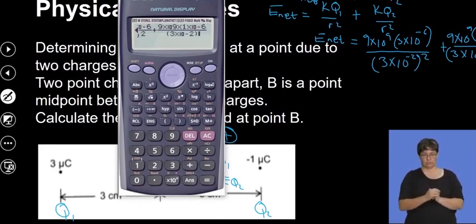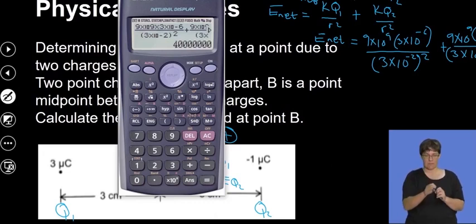We close that and square the distance. If we punch the equal to, it will give us the value of E net. If you count there, 1, 2, 3, 4, 5, 6, it's 40 million newtons per coulomb to the right. This is 1, 2, 3, 4, 5, 6, 7. There are 7 zeros.